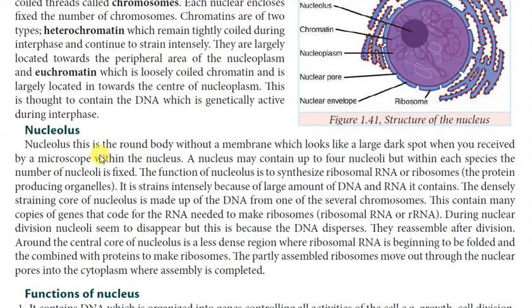Hapa ni when you view it, I am sorry because of the mistakes. When you view it with a microscope within the nucleus, the nucleolus tends to look like a dark spot.